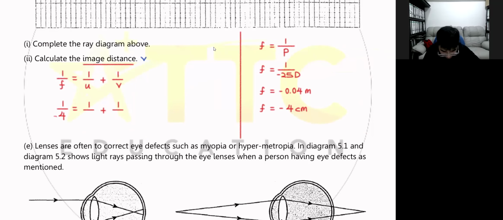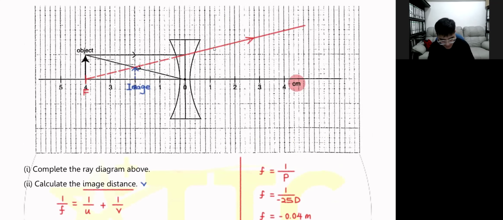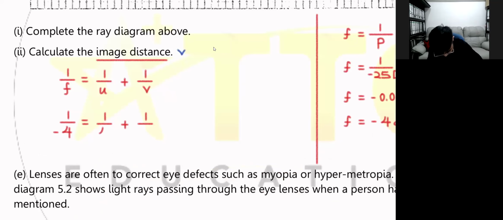This one you must remember. And then for the object, the object distance is always positive because the object is always real. There is no virtual object, there is only real object and virtual image. So your object distance is 4 cm, positive 4, it cannot be negative 4.